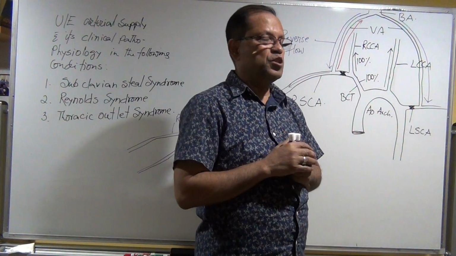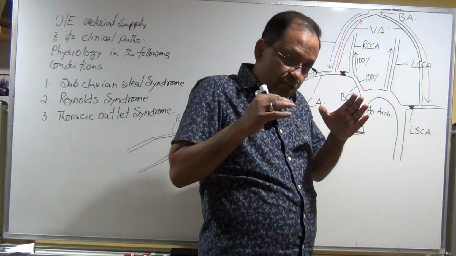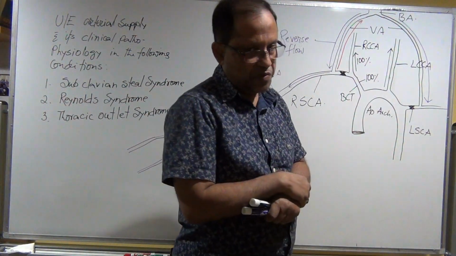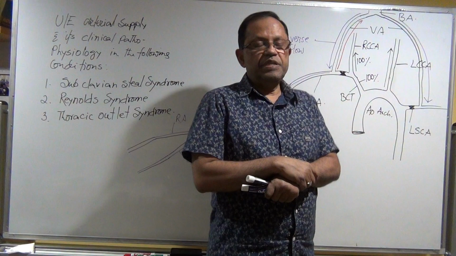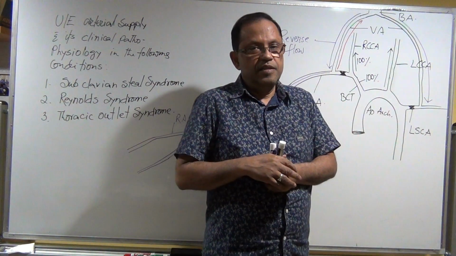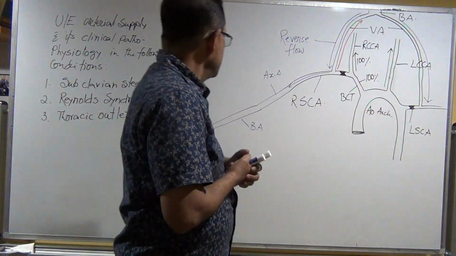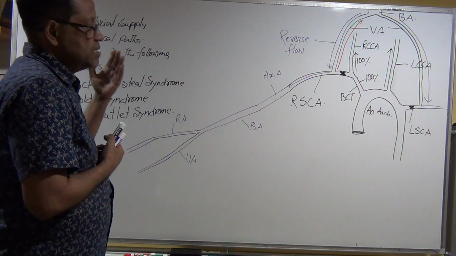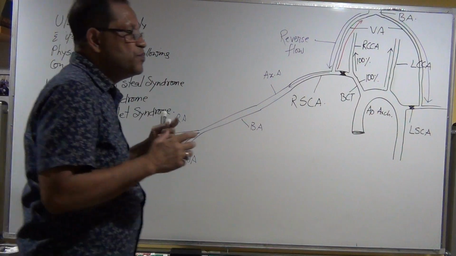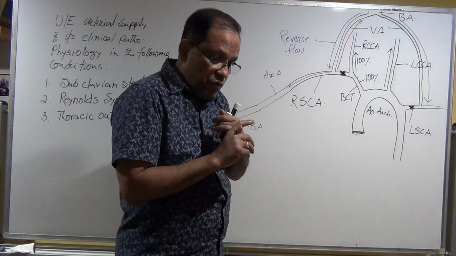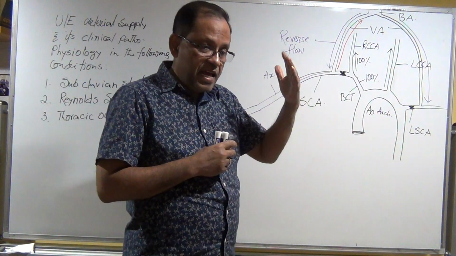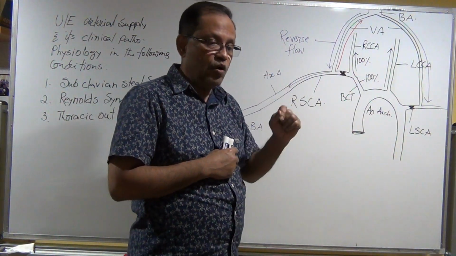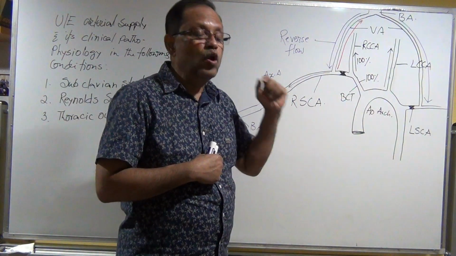If there is a partial obstruction and it is a non-flow limiting obstruction, the patient will not have any symptoms. The patient will be asymptomatic. Okay, but it can happen. So this is subclavian steal syndrome. In subclavian steal syndrome, what are we going to get? We'll get weakness of the affected extremity. Pulse volume will be low. Blood pressure will be lower.